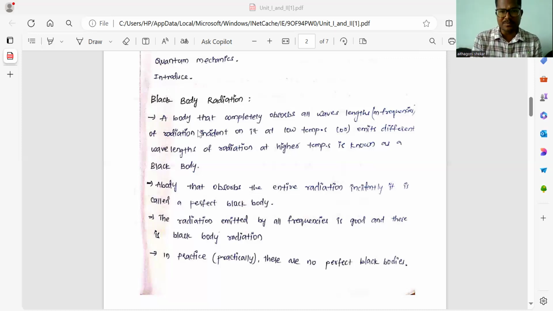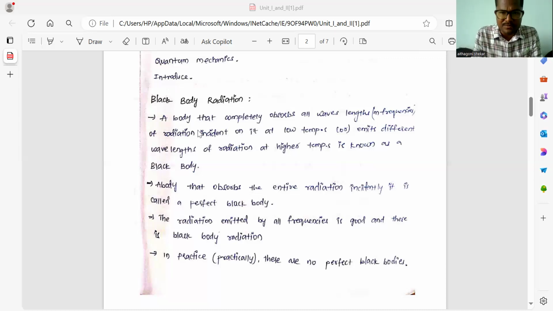A body that absorbs the entire radiation incident on it is called a perfect black body. But there is no perfect black body in nature, because some of the radiation is always wasted, so entire absorption is not possible in nature.